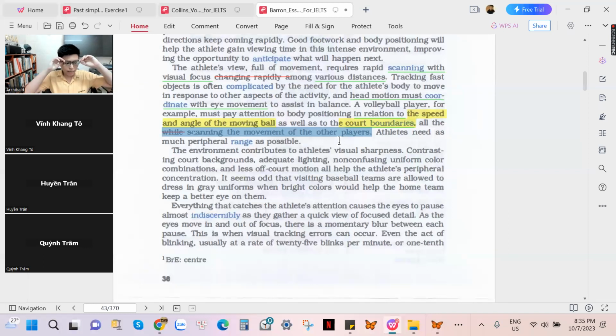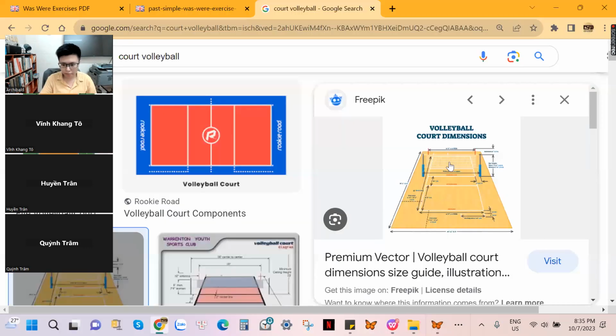It means when he plays on the volleyball court, he needs to make sure that his body moves within this rectangle, and he needs to look at the direction of the ball and figure out the speed of the ball, how fast it is, so that he uses his strength to hit the ball back, and where the ball is flying.